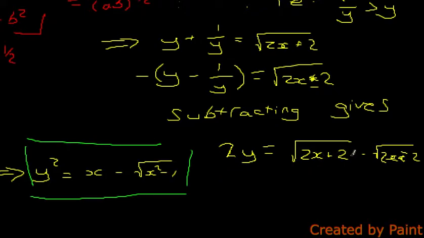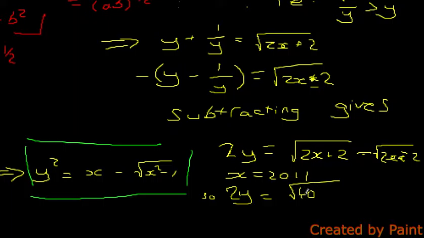Okay, so this is root 2x plus 2 minus root 2x minus 2. And so now we can plug back in that x is 2011. So we want these as integers. 2y is root 4024 minus root 4020, and divide by the 2. 4 factors out of these, so root 4 is 2.